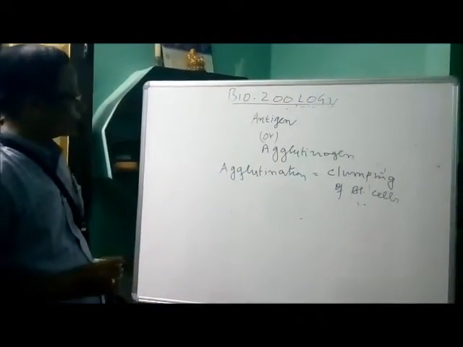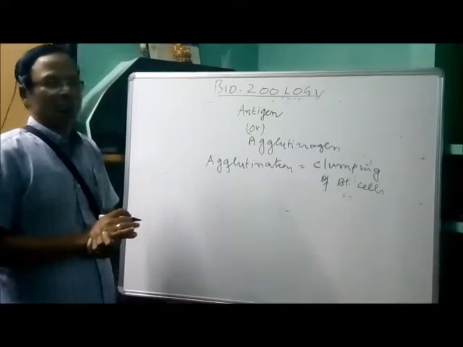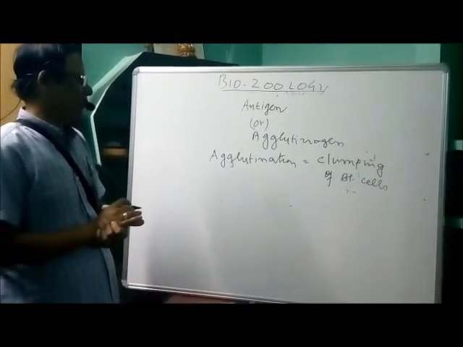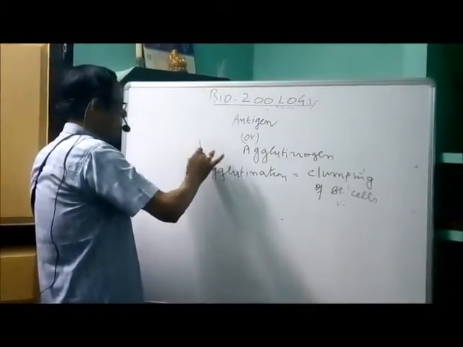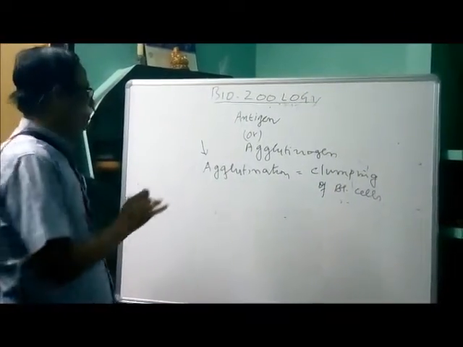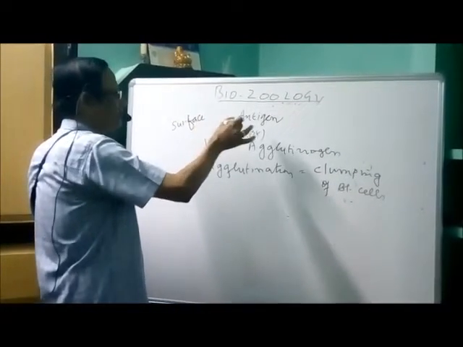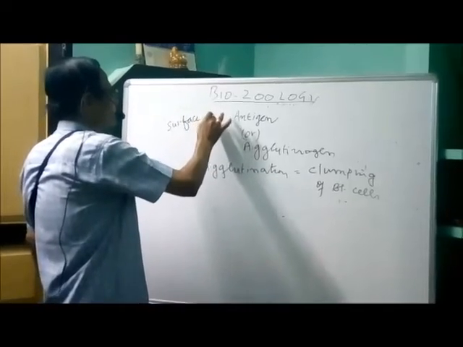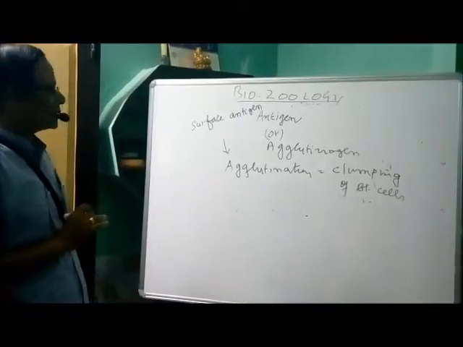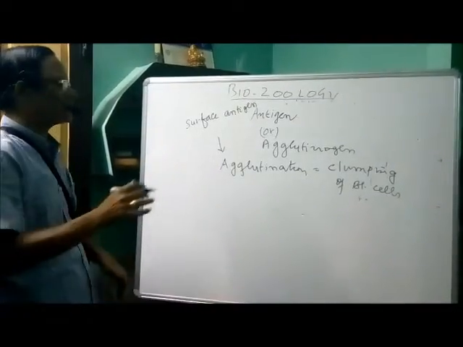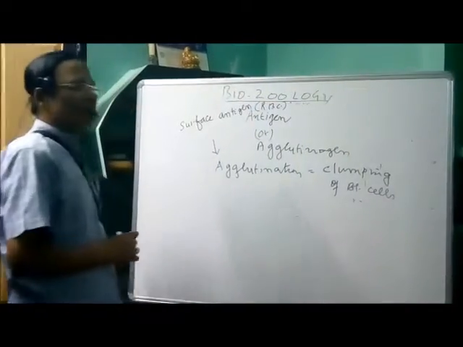The agglutination results from a chemical reaction between two substances. One is the surface antigen, present at the surface of the RBC, hence called surface antigen.